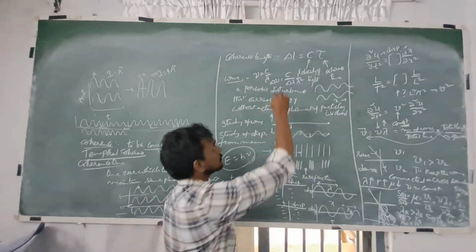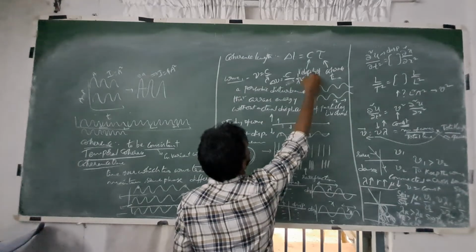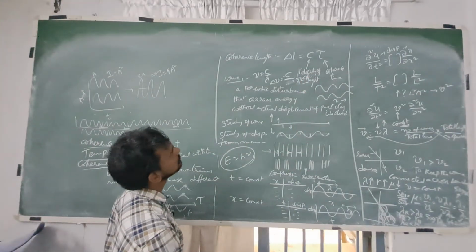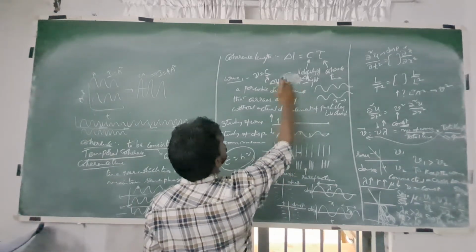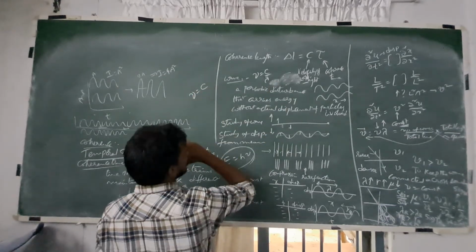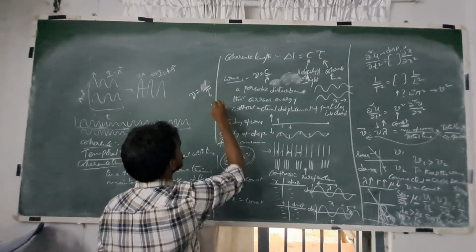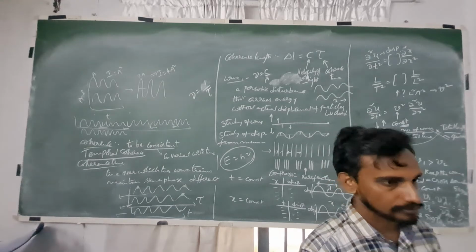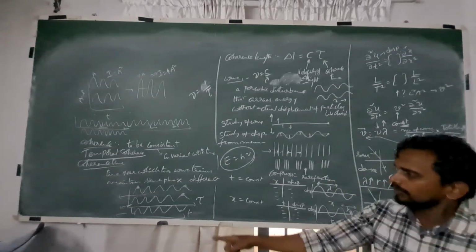Minus 1 by lambda square into delta lambda. Sorry, what happens to the change in frequency? It is 1 by delta T, that is 1 by tau, the coherence time.